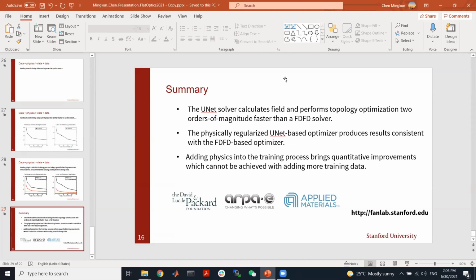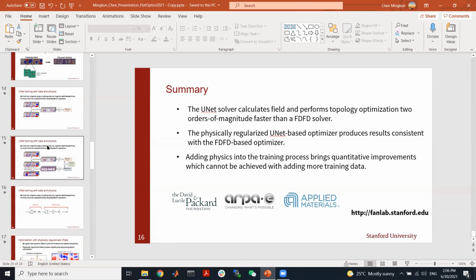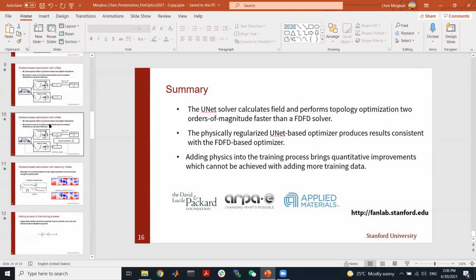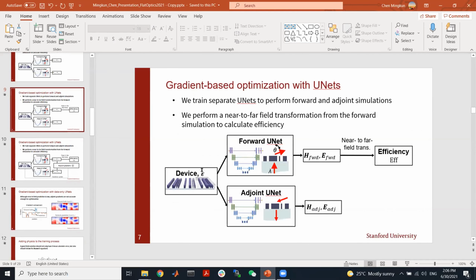Yes, in fact, in this study, we just studied a pretty basic structure, which is a freeform nanograting device. But we've also tried with different materials and different thicknesses of the grating and varying topologies. And it turns out the UNet works pretty well for this problem.